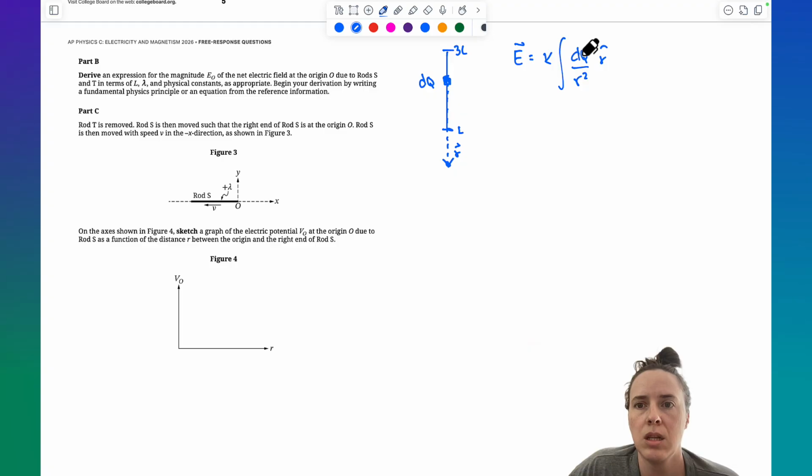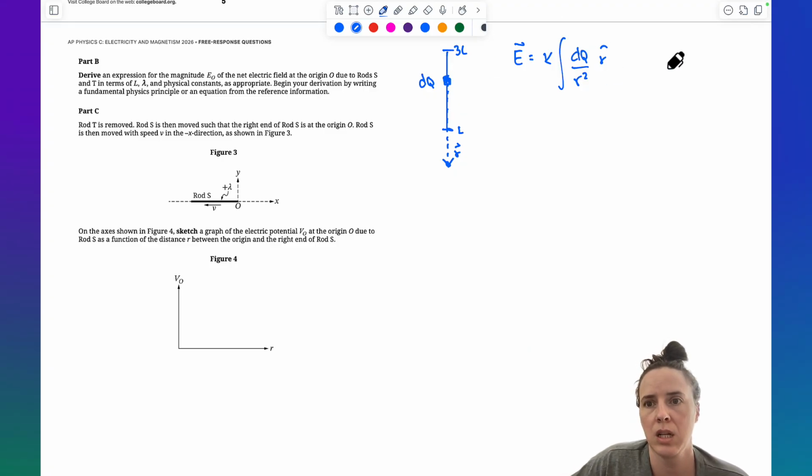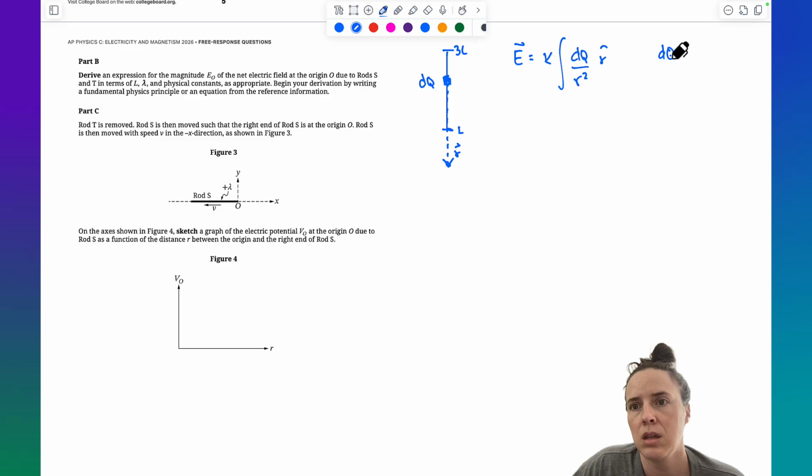So in this case, since we have a constant charge density, dq is my little charge density, my charge per length, times the little length. So my little length, right here, is a little slice of y. So it's going to be lambda dy.